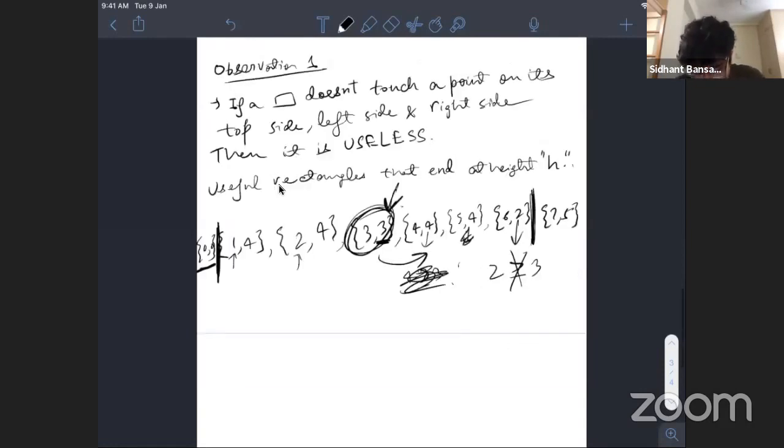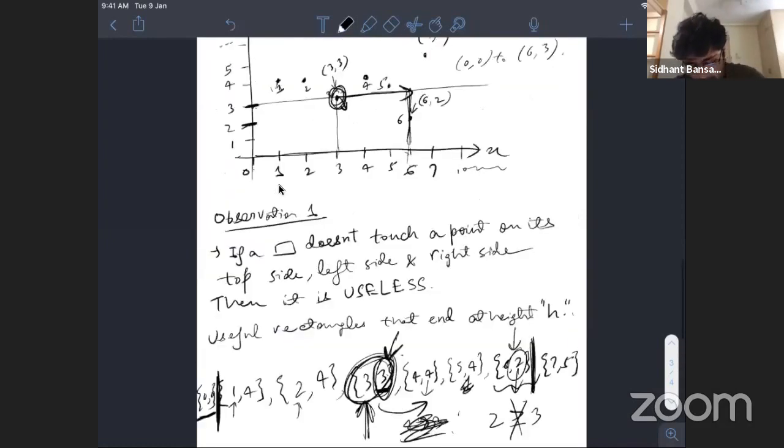So for this guy, which element is immediately right of 3, 3, and whose y coordinate is smaller than 3? That is 6, 2, because it's the first element whose y coordinate is actually smaller than 3. So we know that our bottleneck will be here.